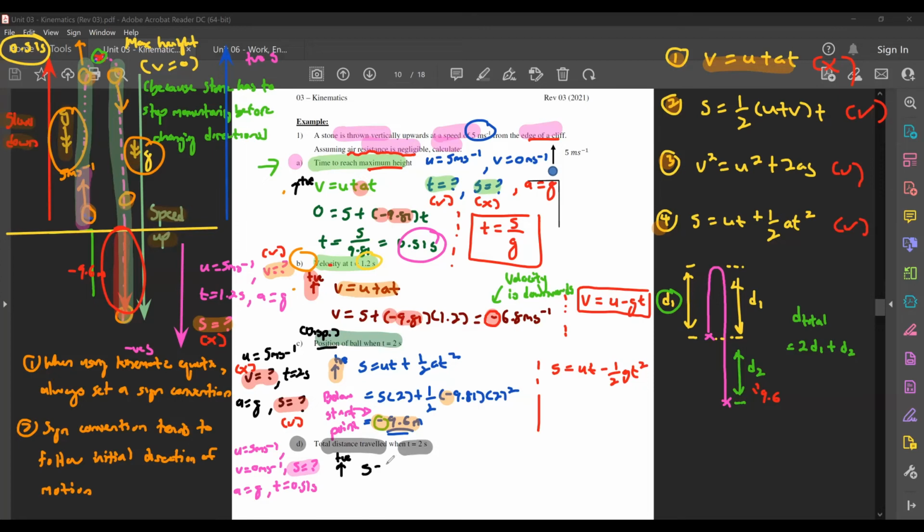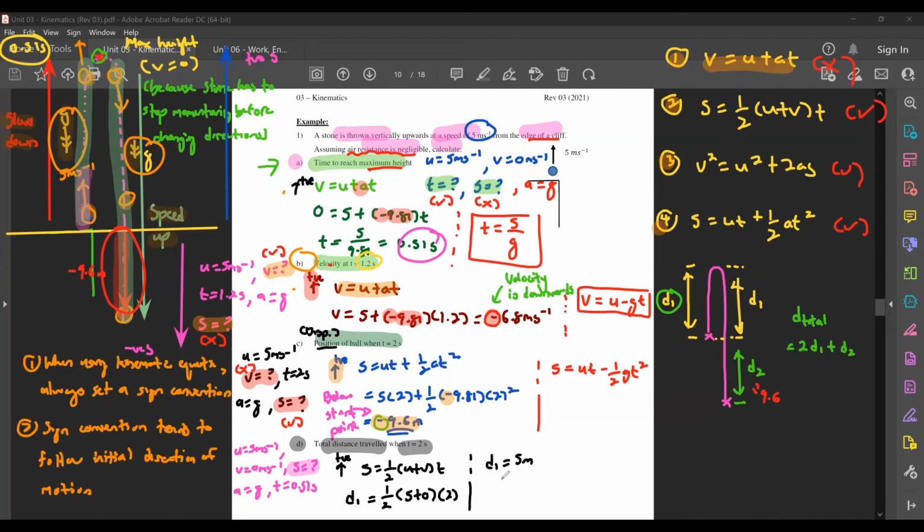So S is equal to half (U plus V) T. This one, S is actually my D1. This one will be half, U is 5, V is 0, time is 2. Then eventually I will get D1 as 5 meter.